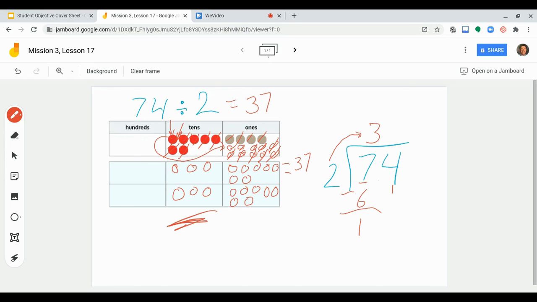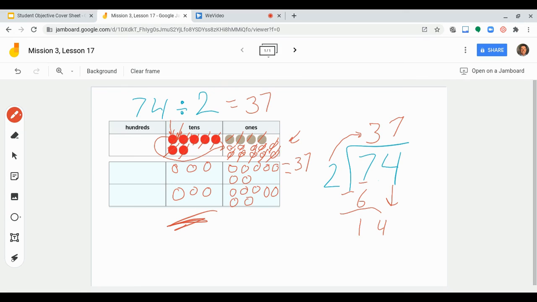And then what I do, I rebundled them and joined them with the ones. So I had 14 ones, and I divided those into the 2 groups. How many was I able to get in each group when I did these 14 ones divided by 2? I got 7 in each group.